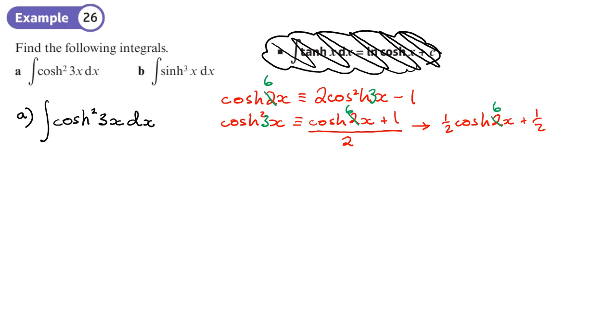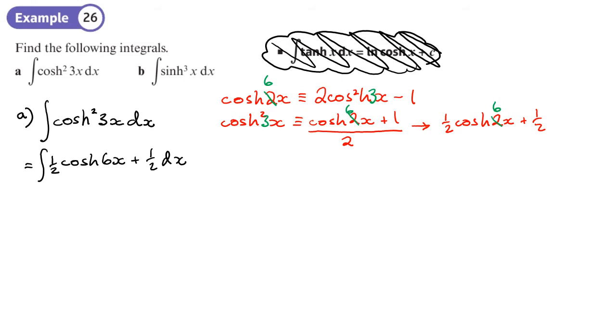That's the only difference: rather than just x, it's 3x, so everything gets timesed up by 3. So using that identity, we will instead be trying to integrate half cosh 6x plus a half dx, so we've got rid of that squared.